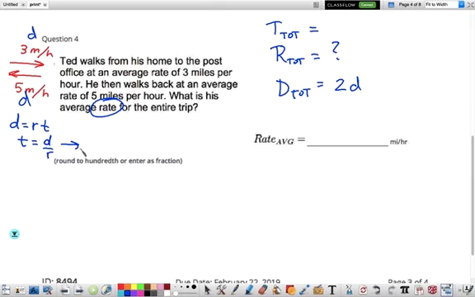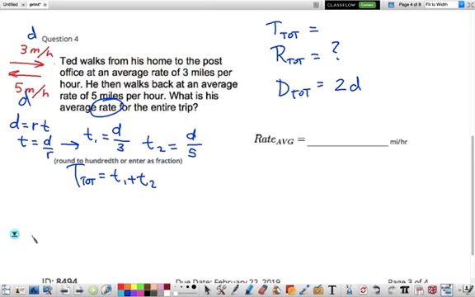So that means we have 2 different times, right? Time 1: what's the distance? d. What's the rate? 3. What's time 2? d over 5. What's t1 plus t2? That's t total, right?